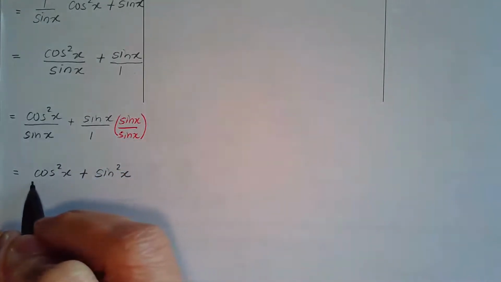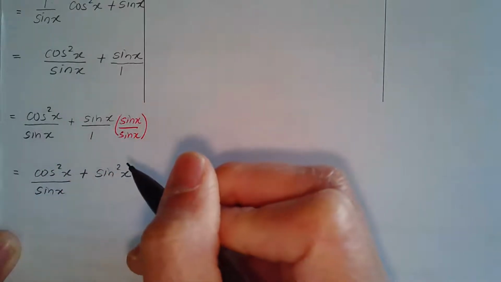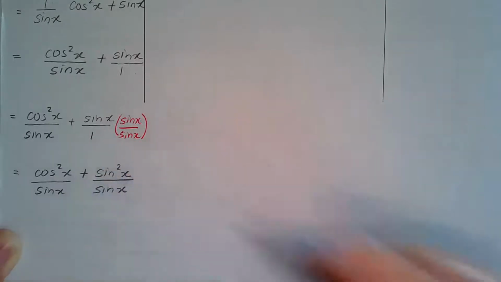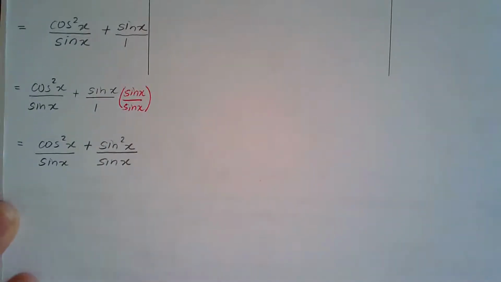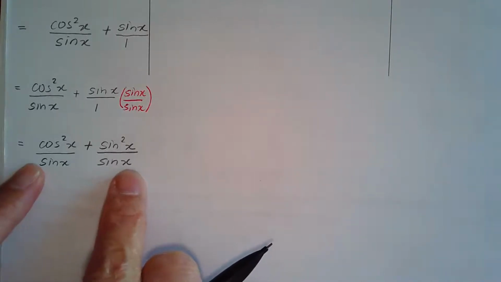Okay, and then this one is sine of x in the denominator, and sine of x in the denominator there. Okay, good. Now that they have the same denominator, we can combine them.